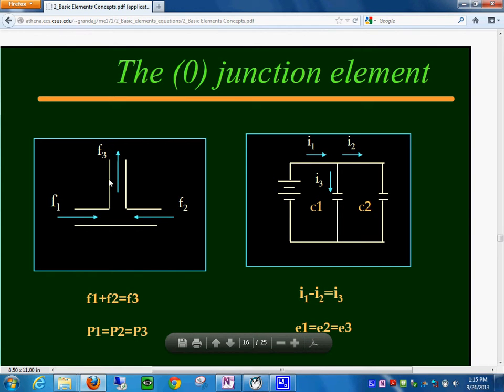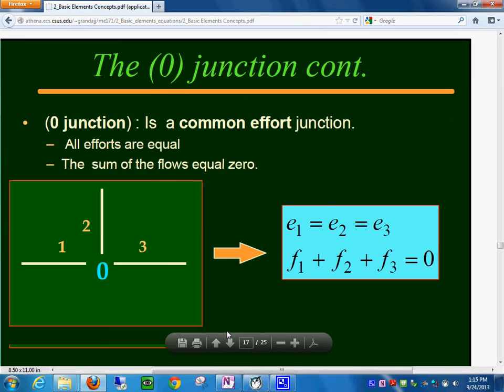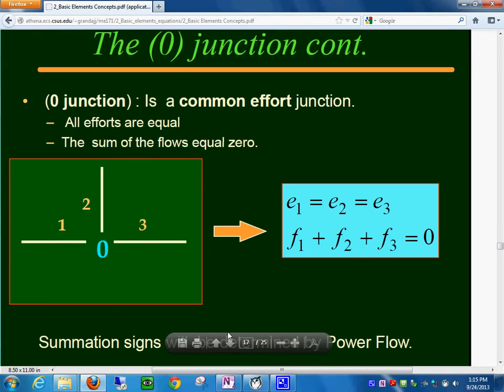Flow here minus this. Flow 2 plus flow, that is also a zero junction. So this is the property of this system. We will examine this later on, and we need to also analyze the one junction when we continue.